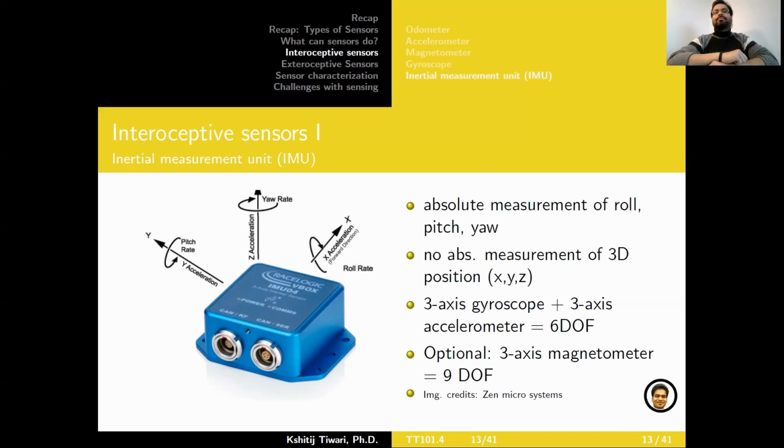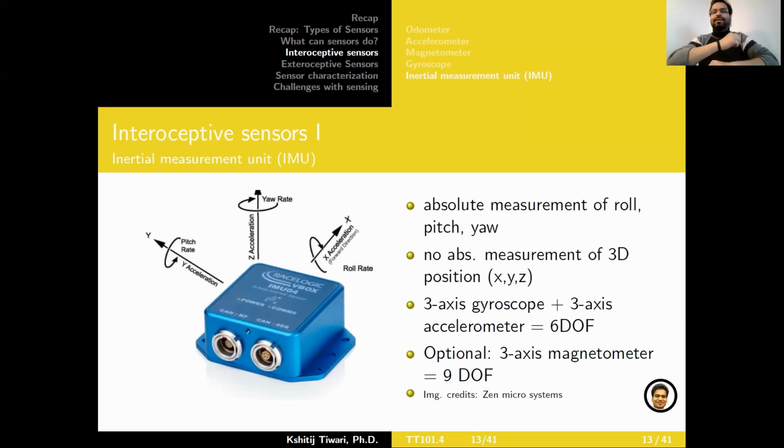To overcome these kinds of challenges, we normally try to use multiple of these sensors and minimize the impact of errors from individual sensors. We will look into sensor fusion in one of the later lectures, but this is essentially what an IMU does. It fuses at least two of these three sensors.